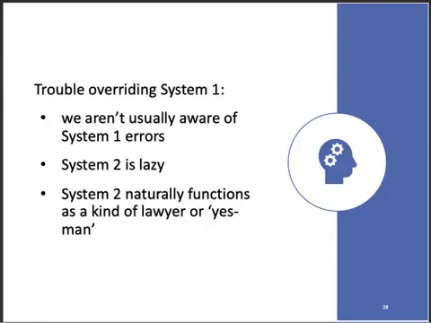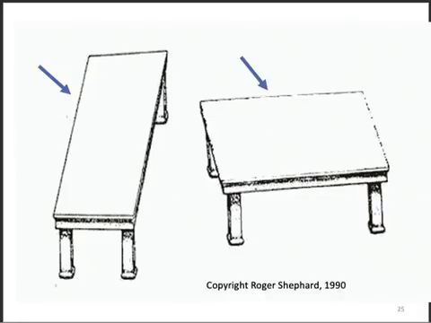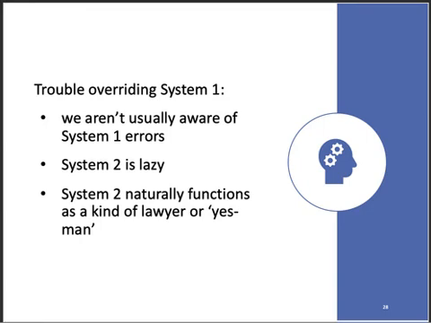Again, it's very difficult to override system one. In the visual case, it's basically impossible. Unless you were told by me that these are different lengths, you probably wouldn't realize it. So the errors that are happening are very difficult to detect.